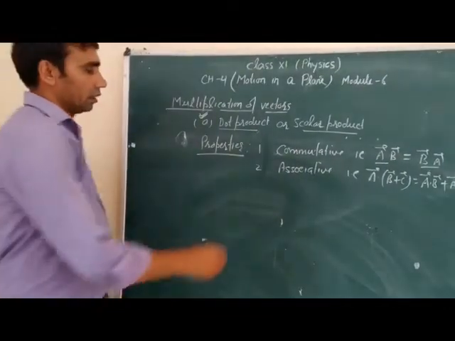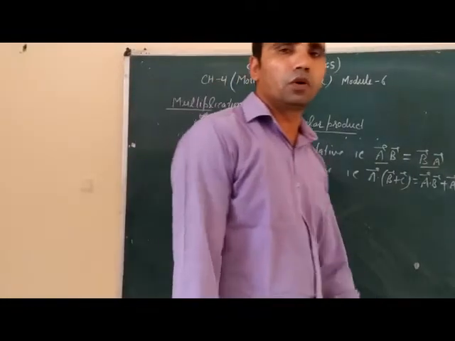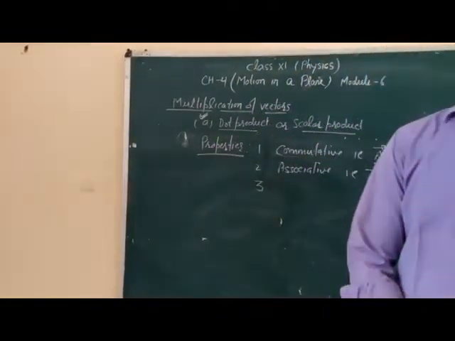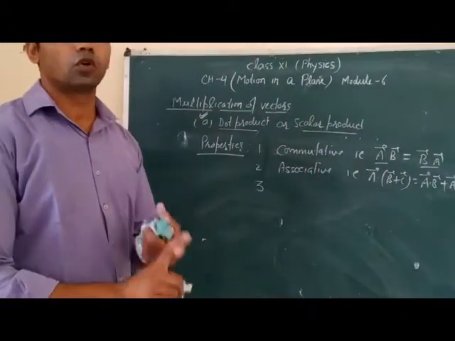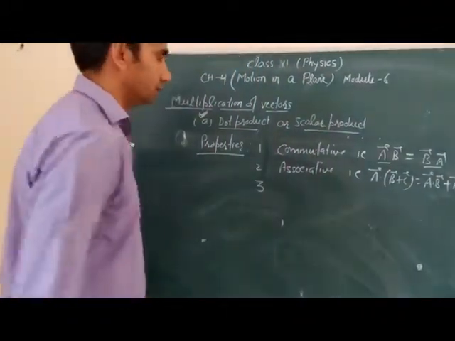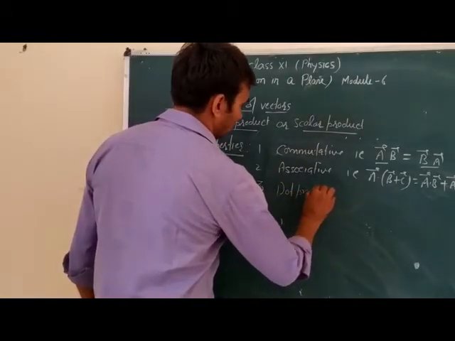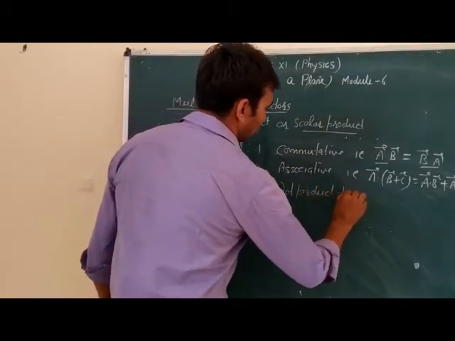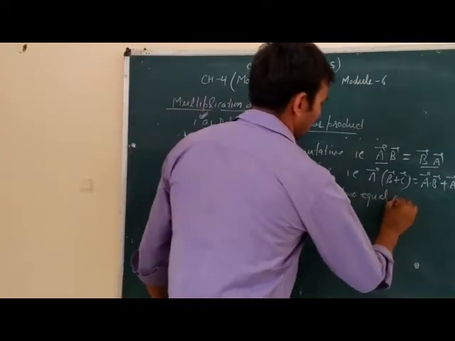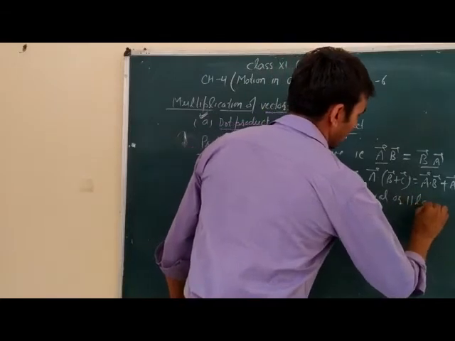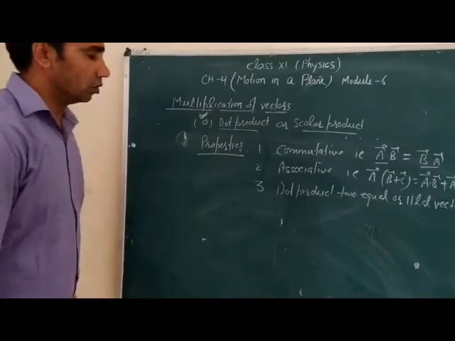Now, third property: the dot product of two equal vectors, or two parallel vectors.